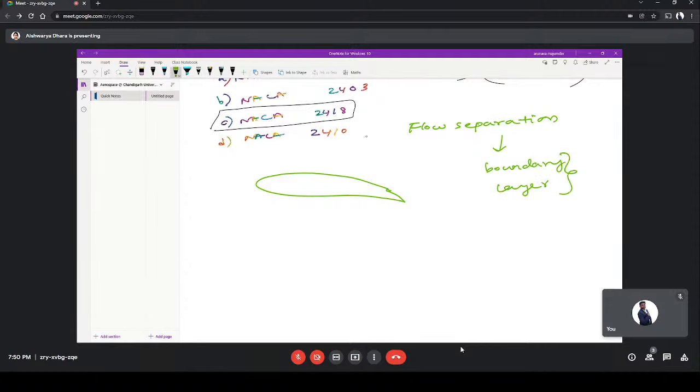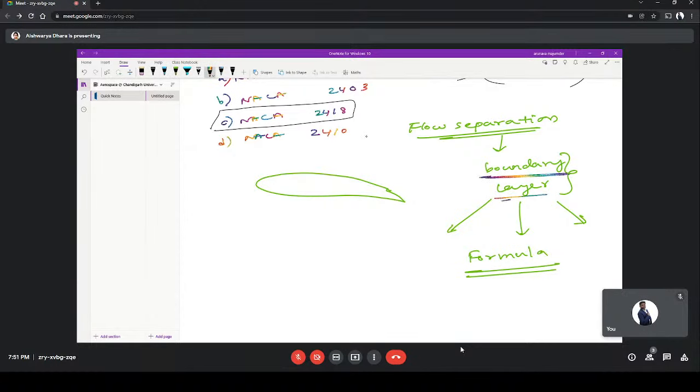Again a very important topic: how flow separation is related to the boundary layer. The boundary layer again has sub-classifications like boundary layer thickness, momentum boundary layer, and energy boundary layer, and what is the formula. Definitely you will get one question from the boundary layer.